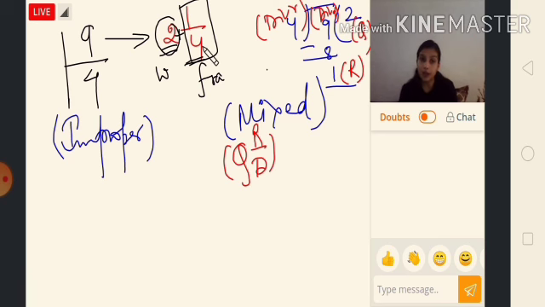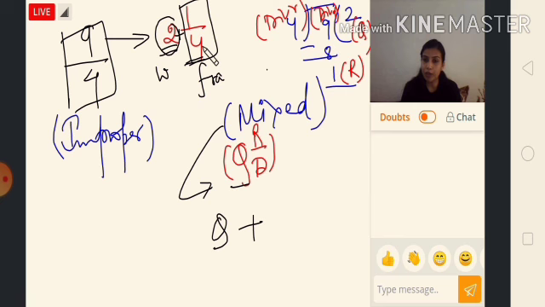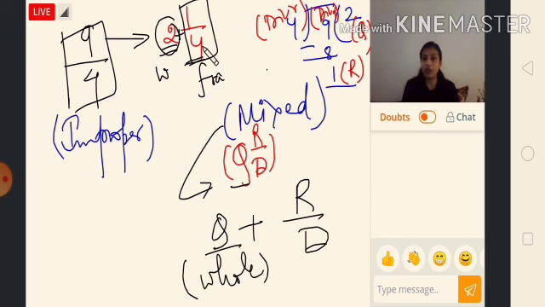And a mixed fraction is always represented in the form of quotient remainder by divisor, and it is the combination of a whole part, which is Q, plus a fractional part. So this Q is representing the whole part, that means a complete number. R by D is a fraction. Right? And to be more specific, it will always be a proper fraction.